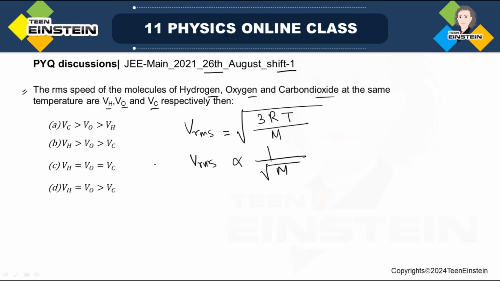So in this case, look, molecular mass of hydrogen will be nearly 2, molecular mass of oxygen will be nearly 32, and for CO2 it is 44.